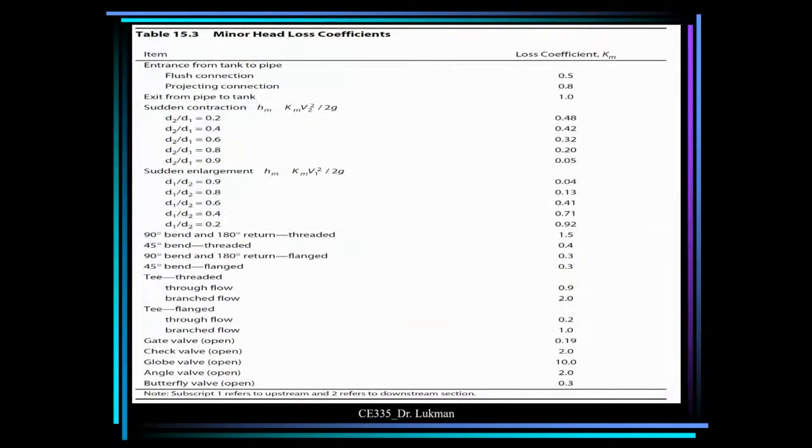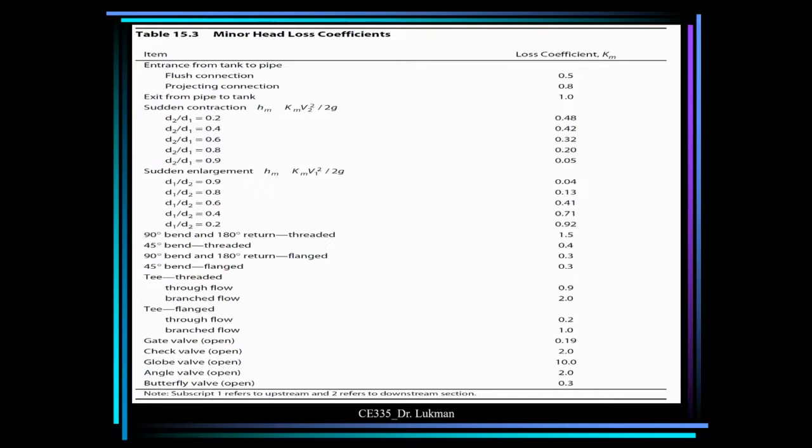Now this is the table that gives the minor head loss coefficients, depending on the item: entrance from tank to pipe, flush connection, projecting connection. You can see the head loss coefficients 0.5, 0.8. Exit from pipe to tank, 1. Sudden contraction, when D2 over D1 equals this.